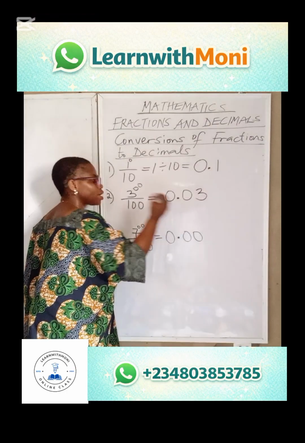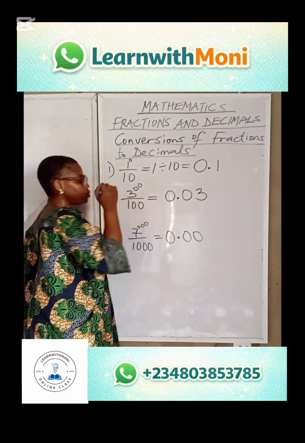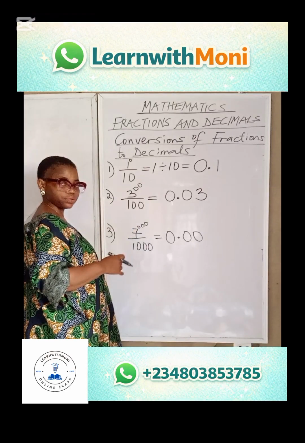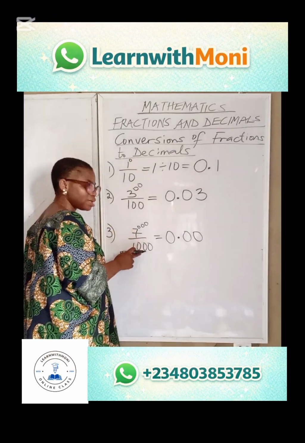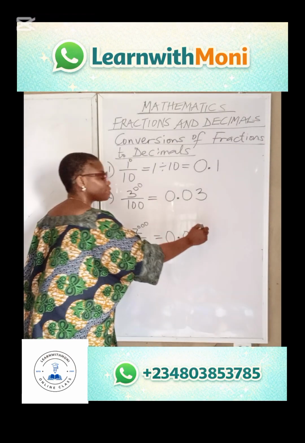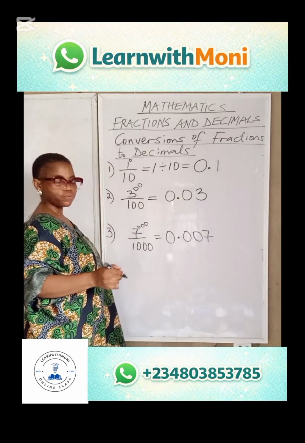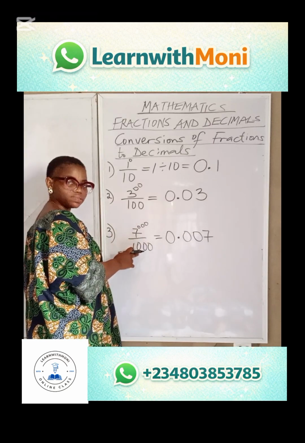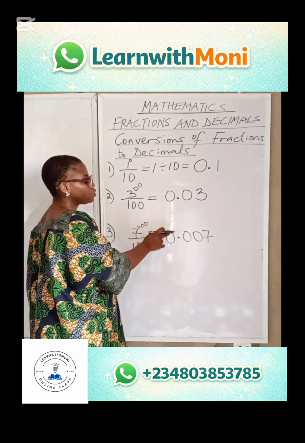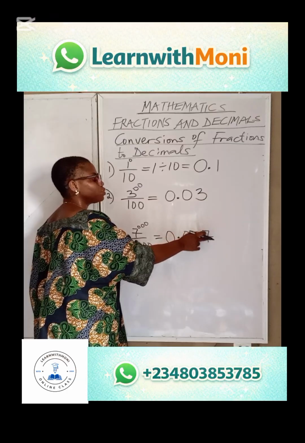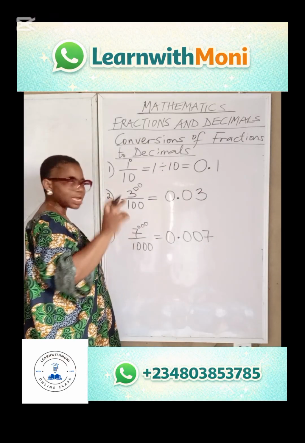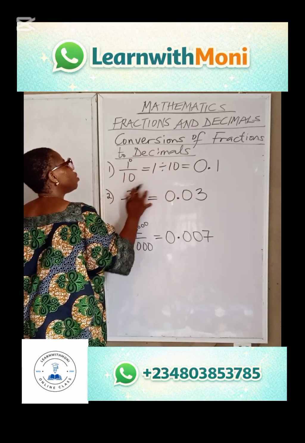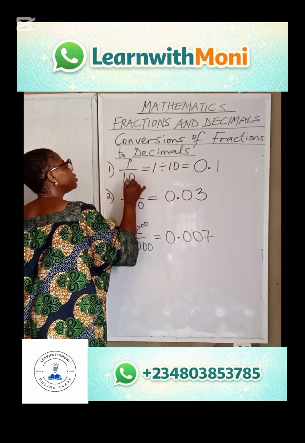So I put a 0 here and an invisible 0 behind the 700. Now it is 7000. 7000 divided by 1000. I can get 1000 from 7000. That means 7 over 1000 is equal to 0.007.